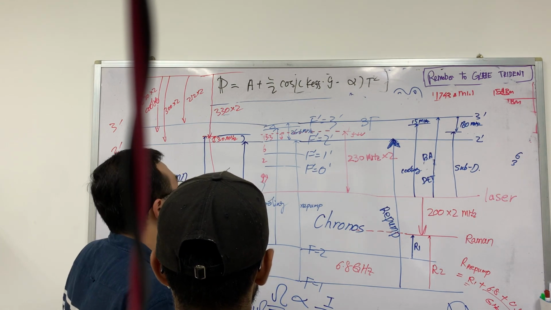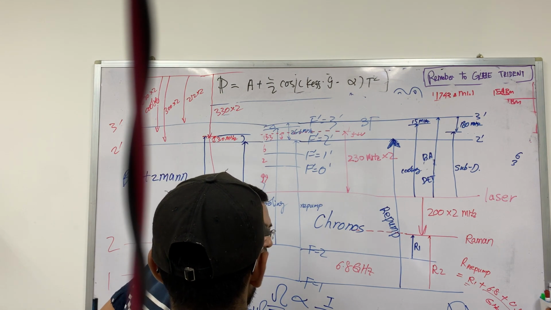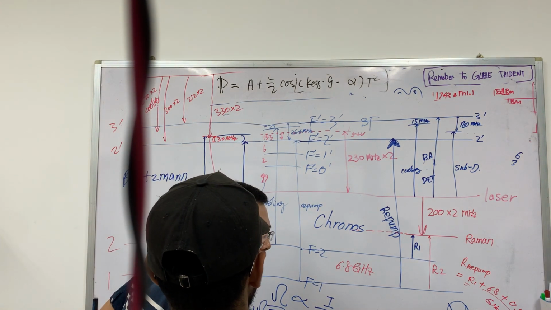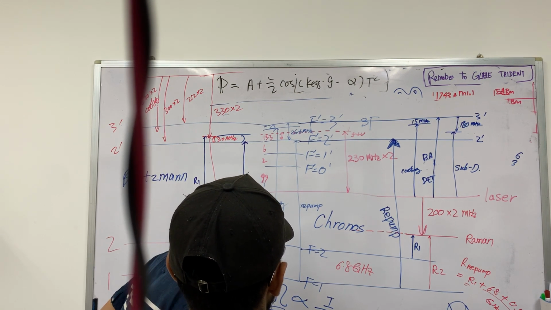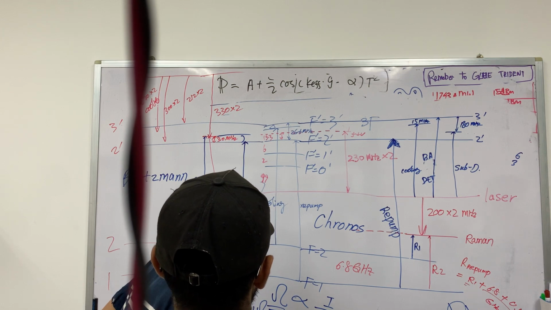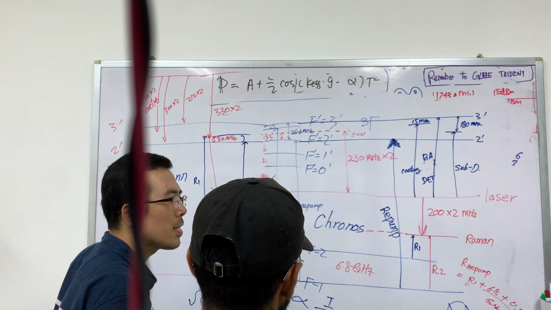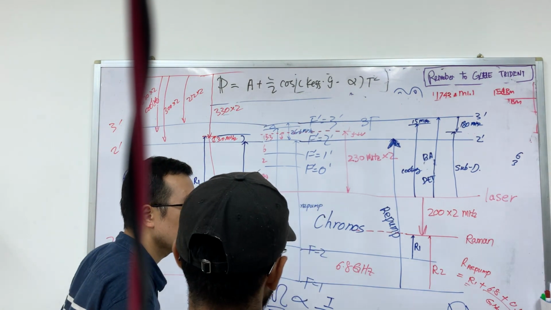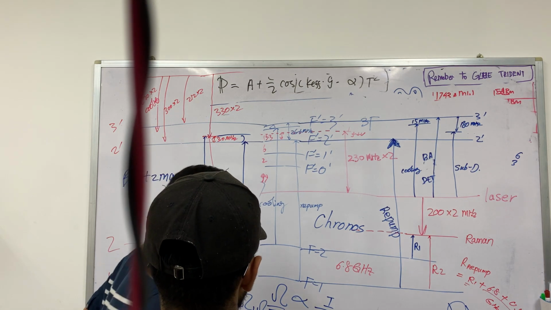So when you do, sorry, what's your question again? Like, because when we do large detuning, the atom does not exist in the excited state. It does not exist in the intermediate state. Because this is a 2-photon transition, it is an intermediate state.